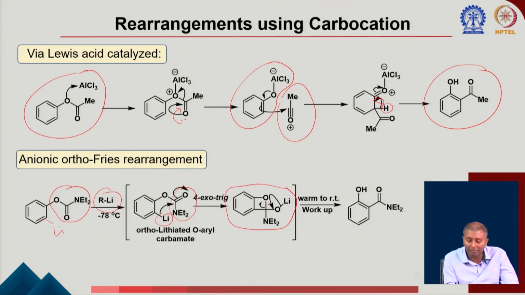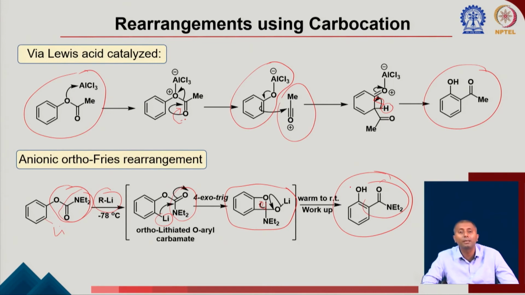After opening up this carbon-oxygen bond, it will end up making this corresponding product. So what is happening now, this CONEt2 actually moved from this oxygen to the neighboring carbon. Okay. So this is an example of an anionic Fries rearrangement.